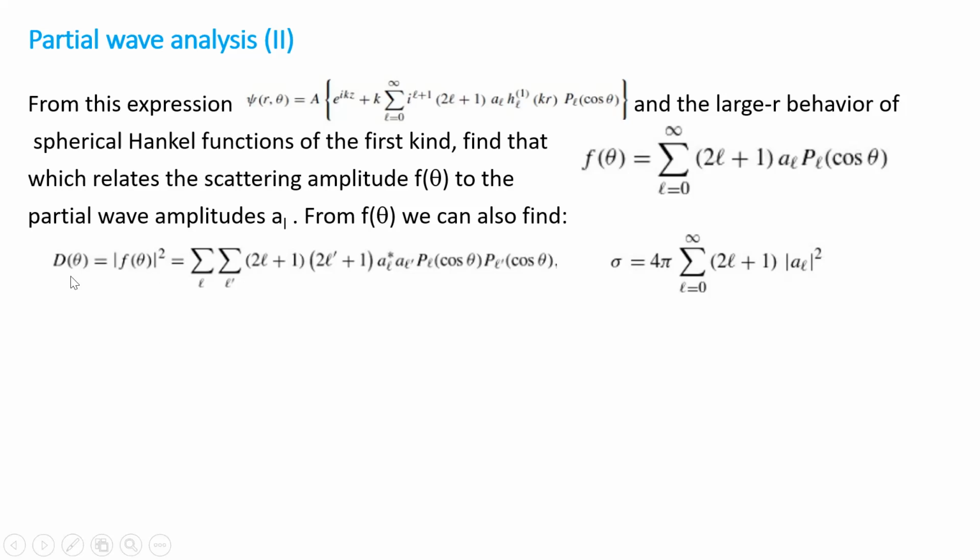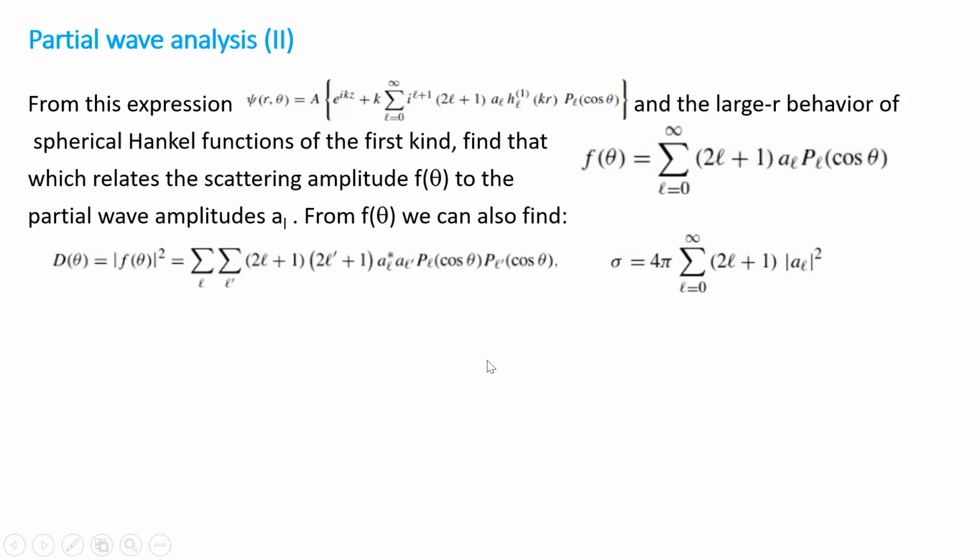When we integrate this over angle, some nice simplification occurs. Integrating the differential cross-section over the solid angle gives the total cross-section sigma, which just turns out to be 4 pi times the sum over L of (2L+1) A_L squared.